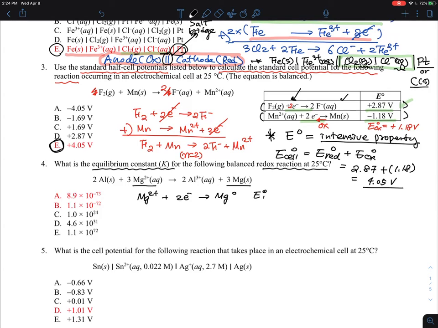If you look it up, the Mg2+ to Mg value is minus 2.37.